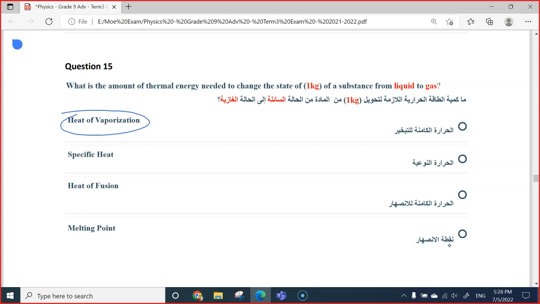Heat of vaporization is the thermal energy required to change the state from liquid to gas, and heat of fusion is the amount of thermal energy required to change the state from solid to liquid.